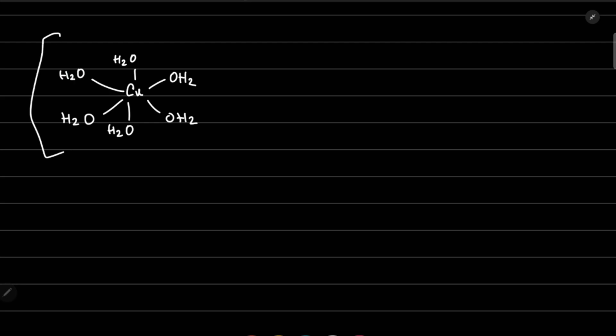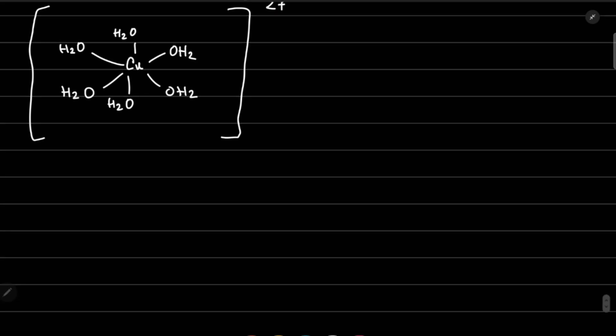This has a charge of 2 plus. And an OH minus will attack this. In fact, deprotonation might be caused by a water outside as well, but we'll not show that right now. We'll show an OH minus outside. I'll show one of these bonds properly.